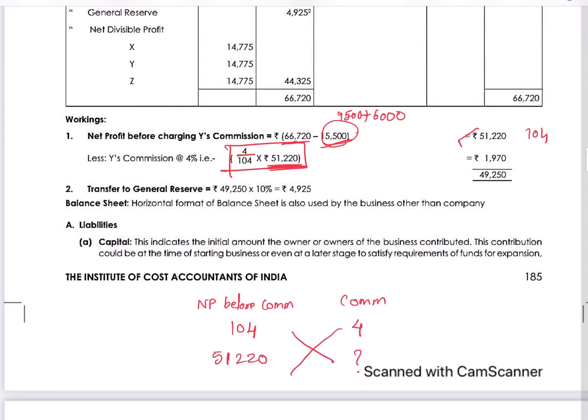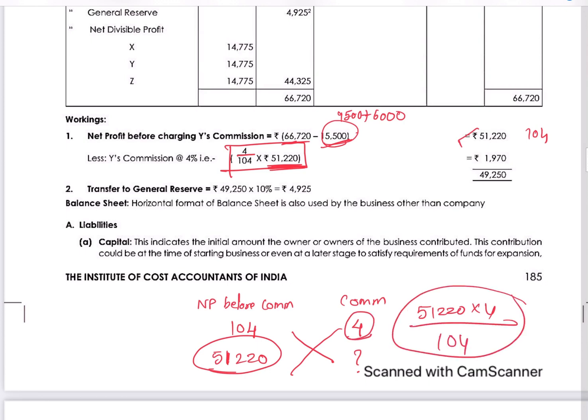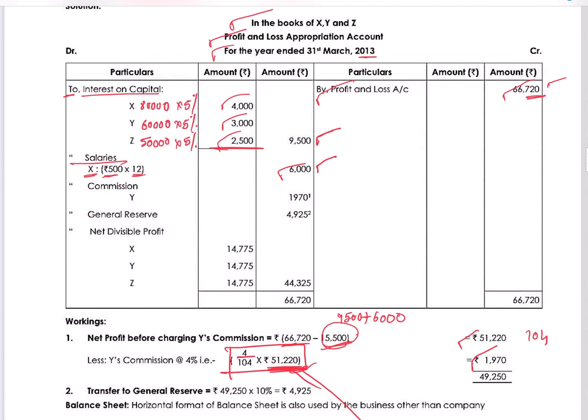So if we cross multiply, it is 51,220 multiplied by 4 divided by 104. This is what they have done here. So we got the figure of 1,970. So we understood that Y's commission is 1,970, and we'll book 1,970 as his commission.